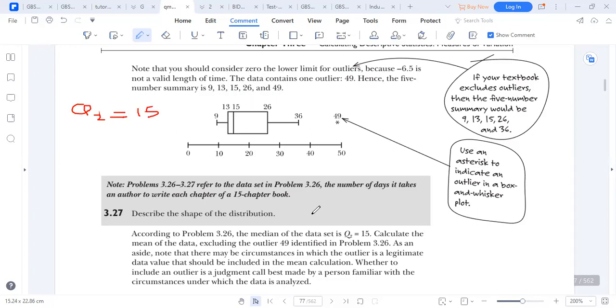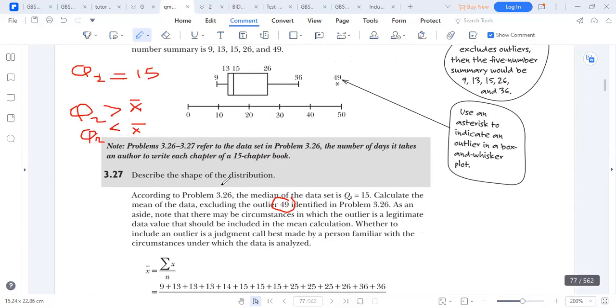Now, when you calculate the mean of the data, don't include the 49 because it's an outlier. So you need to compare. If Q2 is greater than the mean, and if Q2 is less than the mean, what happens? That will help you identify the distribution.